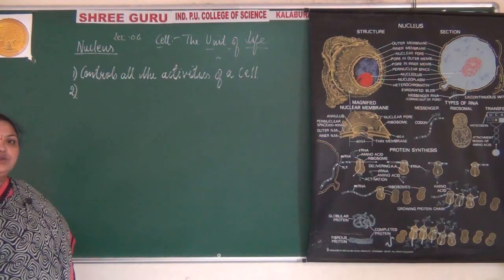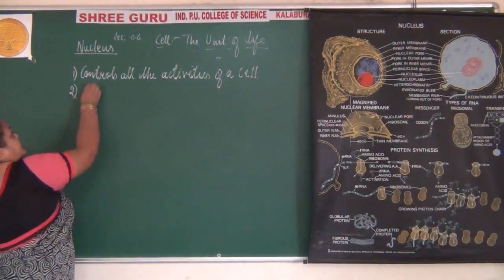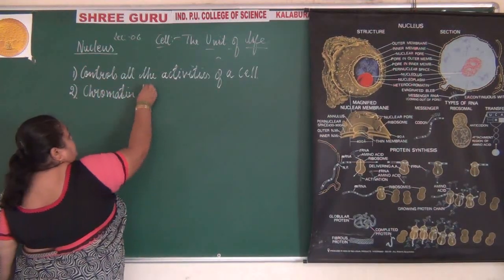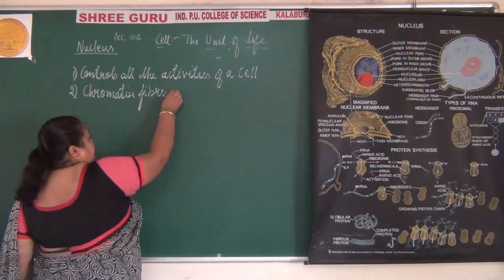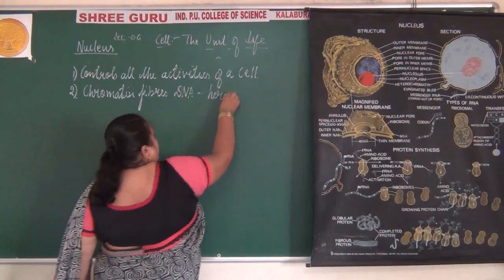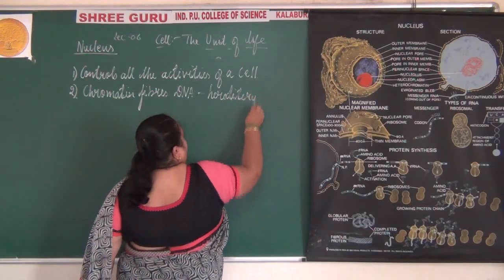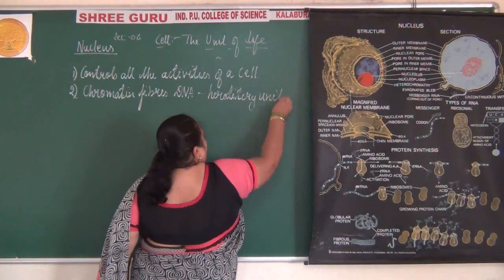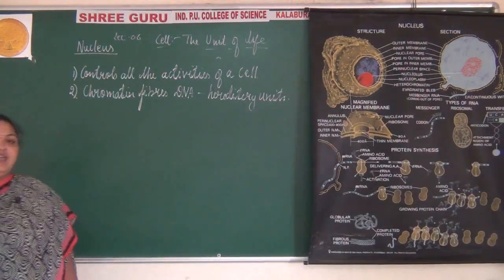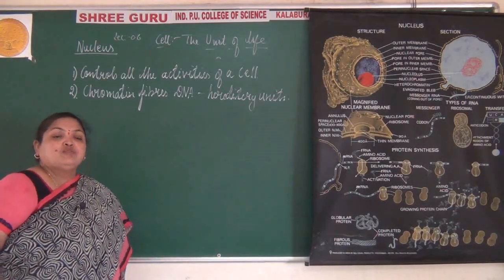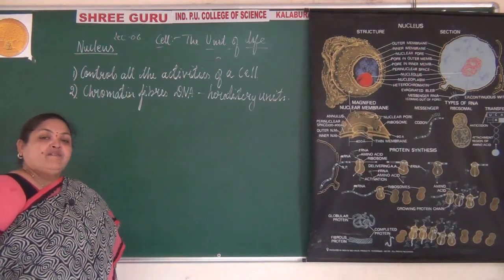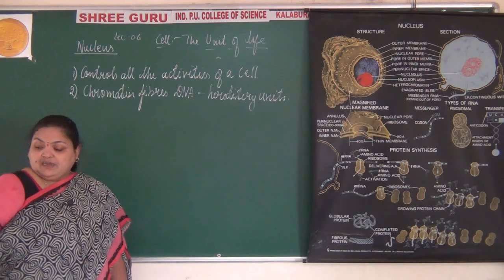So this nucleus has chromatin fibers, which in turn have the DNA, which are said to be hereditary units. They help to carry the hereditary characters from the parents whenever it undergoes the process of cell division.